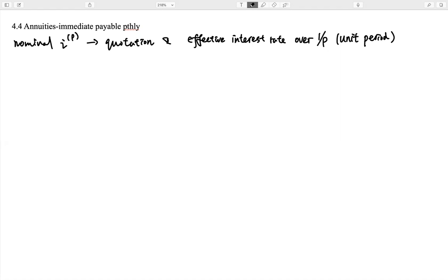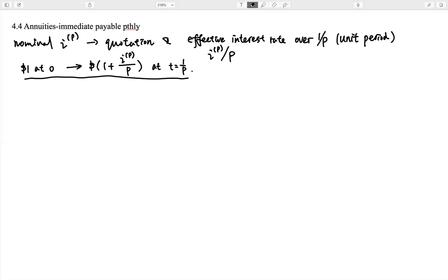And the effective interest rate is given by I upper P divided by P. That means if you put $1 at time 0, it will grow to 1 plus I upper P divided by P at t equals 1 over P. That is all we need to know from the nominal interest rate. Nominal interest rate is supposed to give us the effective interest rate per unit period. It's no longer per year, okay?